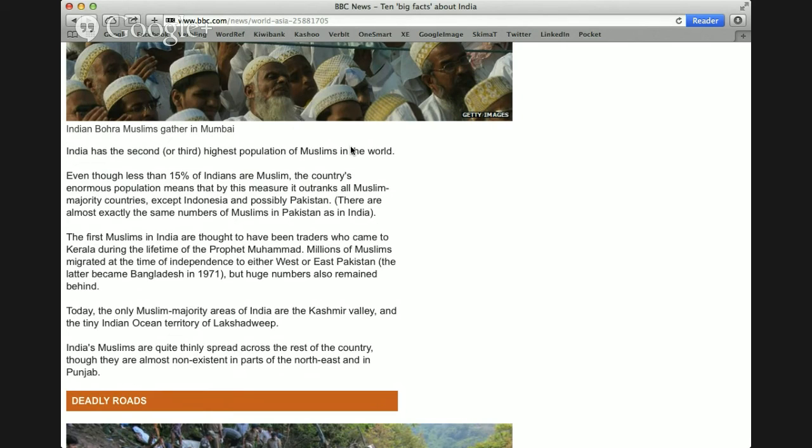Millions of Muslims migrated at the time of independence to either West or East Pakistan. They later became Bangladesh in 1971. But huge numbers also remained behind. Today, the only Muslim majority areas of India are the Kashmir Valley and the tiny Indian Ocean territory of Lakshadweep. India's Muslims are quite thinly spread across the rest of the country, though they are almost non-existent in parts of the northeast and in Punjab.